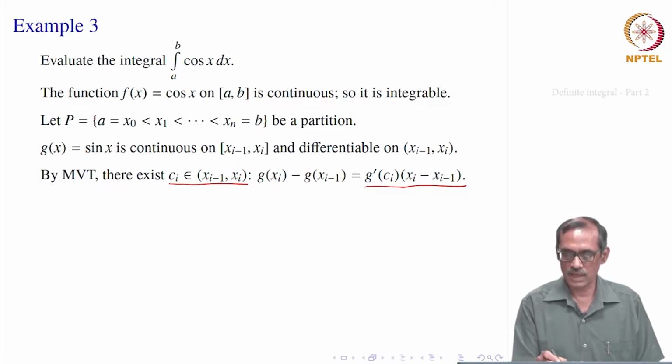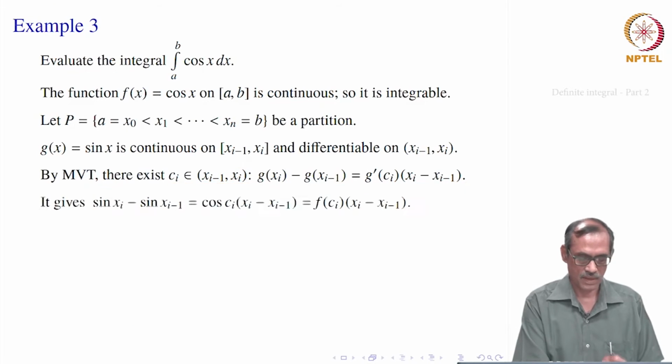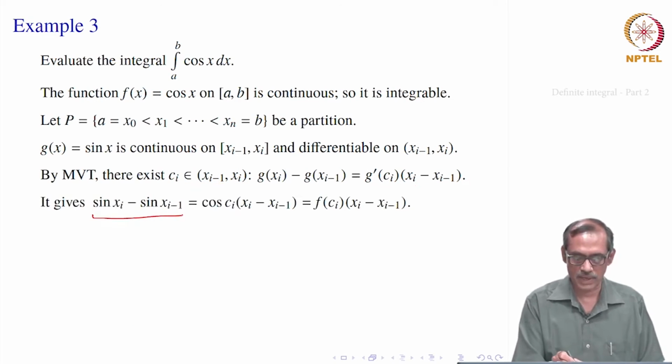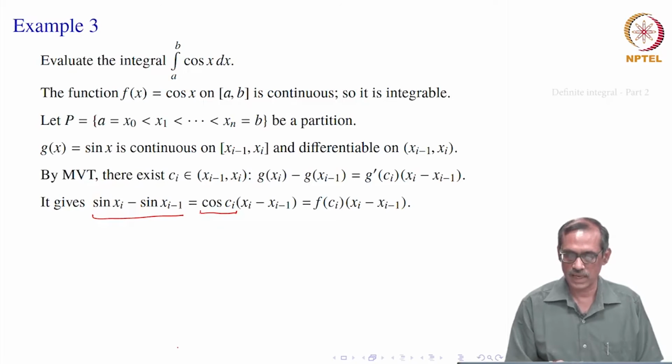Okay. Is that clear? That is the mean value theorem. So, this says sin xi minus sin xi minus 1, where the derivative of sin is cosine x evaluated at ci. So, that is cosine ci into (xi minus xi minus 1).